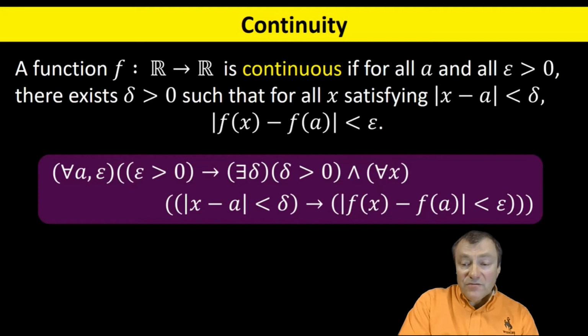As well as the quantifiers, this definition has other subtleties, including the arrows, the implication signs, not to mention the use of inequalities, which trip up many students who would prefer to be dealing with equalities. My point is that the definition of continuity as found in every calculus textbook is just unavoidably complicated.